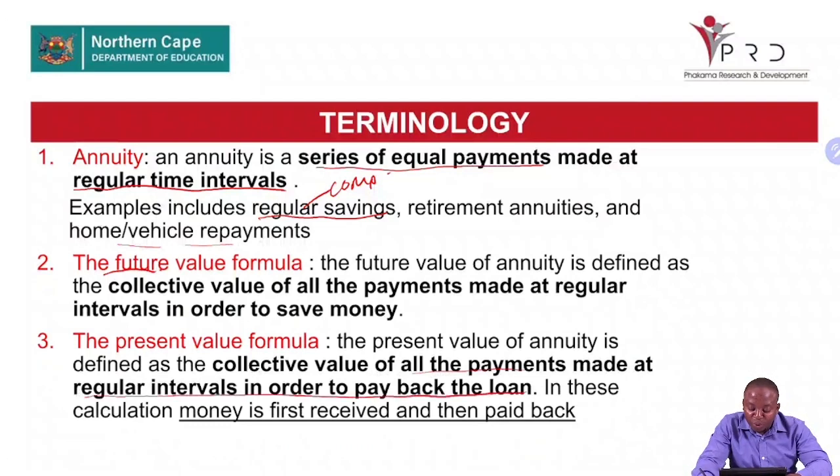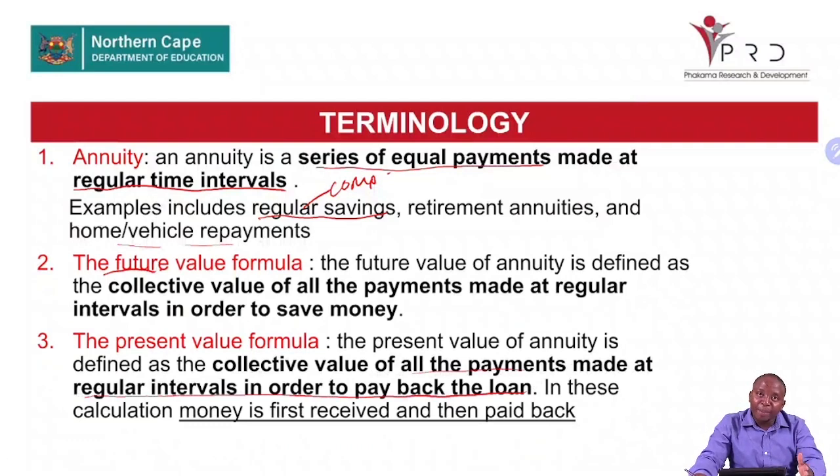So with the present value, you will be given money first and you are expected to make regular payments to repay that amount that was given to you. You receive the amount right now, and you need to make regular payments to repay the money as it was loaned to you.